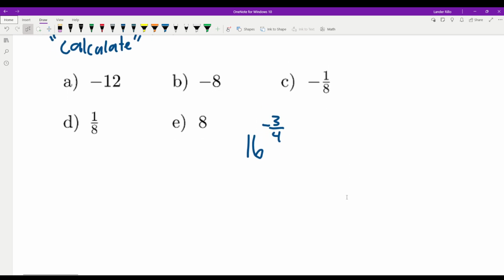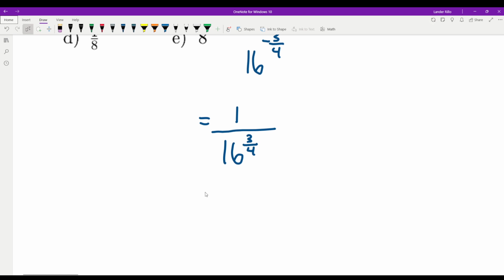I don't like working with negatives. So whatever the base is, we take that whole base and move it to the reciprocal. That just gives you 16 at the bottom. And now it's a positive 3 over 4.